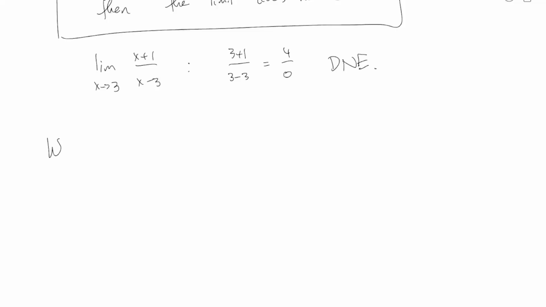So what if it's 0 divided by 0? There's a special word for that, actually. 0 divided by 0 is referred to as an indeterminate form, I think. It's called a form because it's not even a number. Like 0 divided by 0, that's not a legal operation. But it's an indeterminate form, meaning this tells you nothing about the limit.